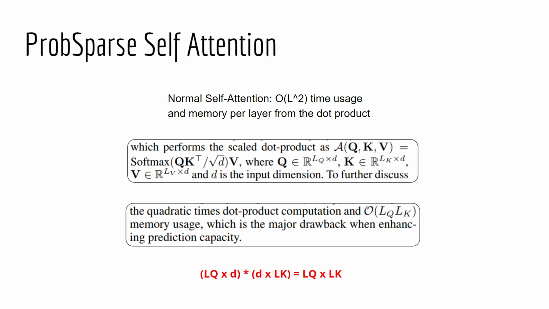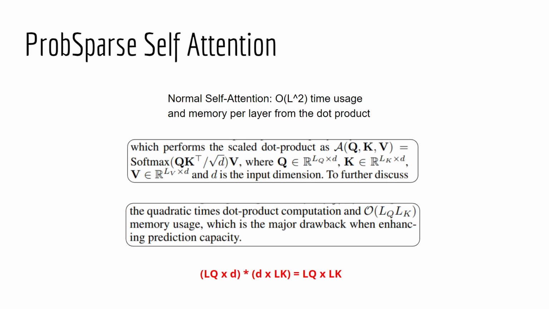ProbSparse self-attention was created specifically for improving time complexity and memory usage in the self-attention layer. Regular self-attention uses the equation A of Q, K, and V equals the softmax of Q times K transpose over the square root of D, all multiplied by V, as seen prior.